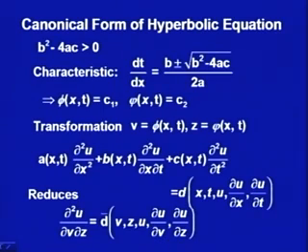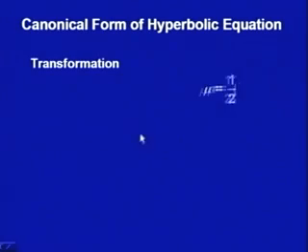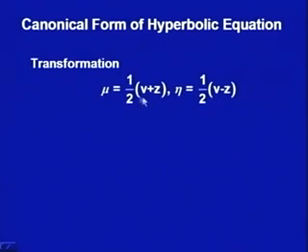What we do have is that if we use another transformation after this, what is that transformation? Mu as v plus z and eta as v minus z, with half of this one, or you could say as we are using, v as mu plus eta and z as mu minus eta. So, this mu and eta are the new variables we are introducing.